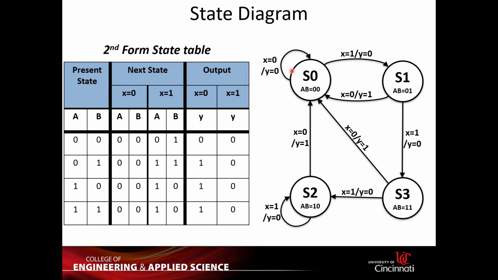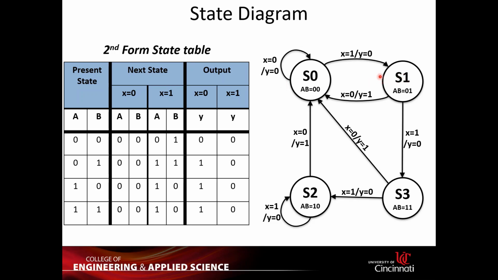The output for these two paths is both y equals 0. When you see the notation slash and a second number after the slash, usually that second number represents the output of the system.